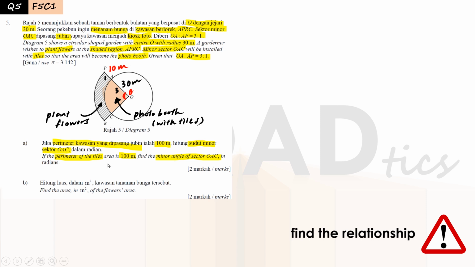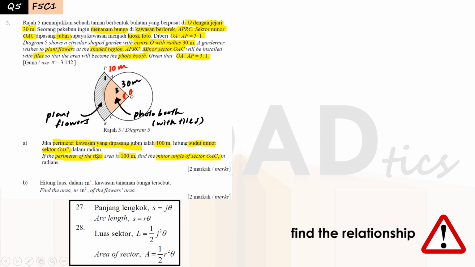So what we can do is identify the lines of the tiles area first. There are 3 lines. The first 2 are the radius of the circle, OA and OC, and the third line is the arc AC. So recall the formulas in this chapter.